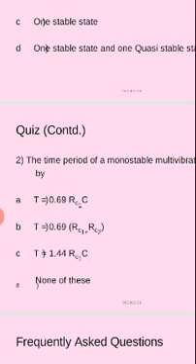Answer is T equal to 0.69 RC. Option A is the right answer.